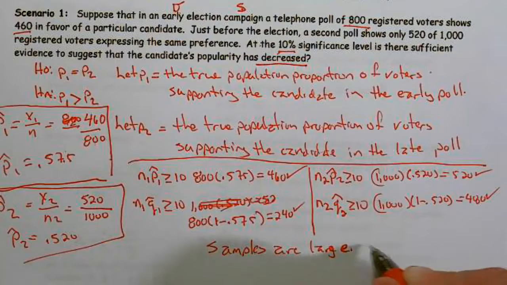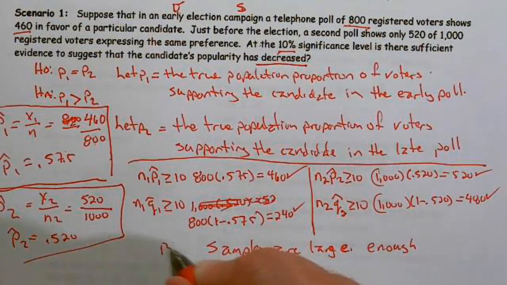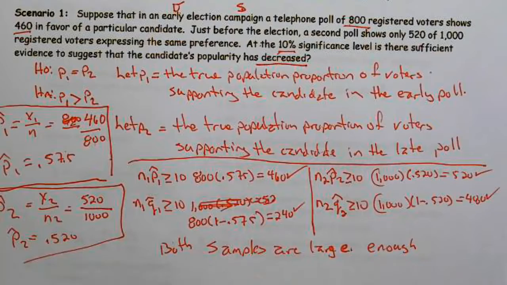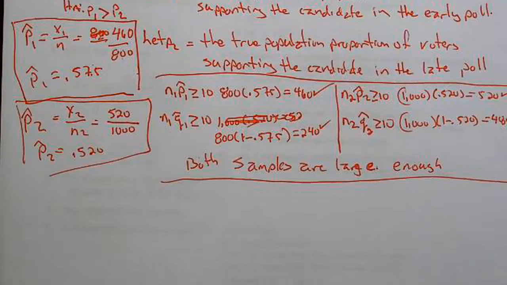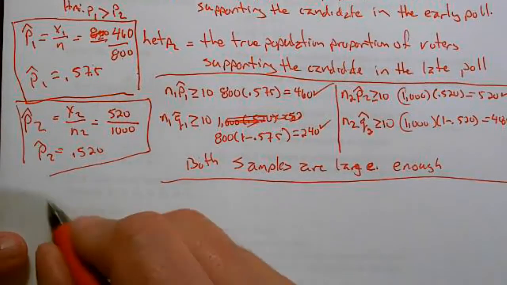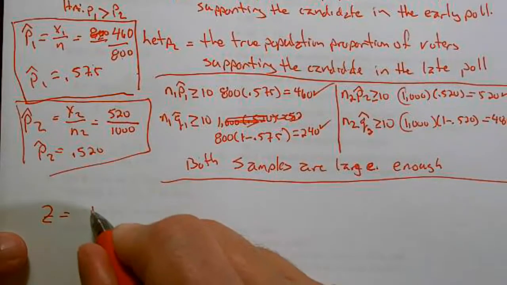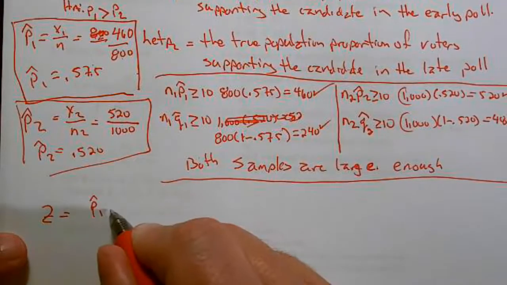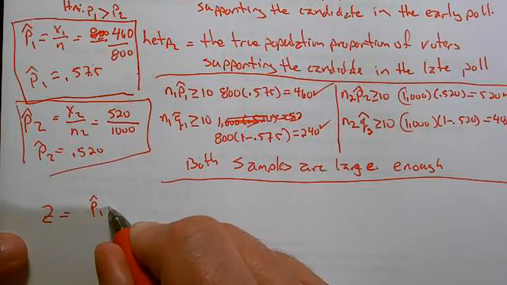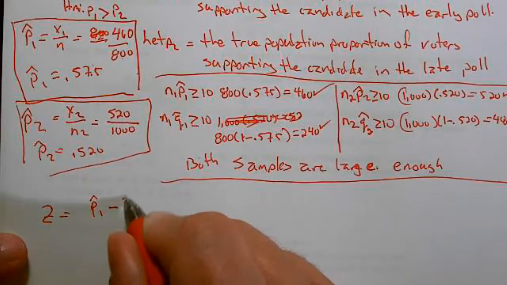Large enough. And you know what? I want to put the word both in front because both samples have to be. Matter of fact, if they weren't, you wouldn't have to run the test. All right. So what's our equation? Our equation is Z equals p hat 1 minus p hat 2.